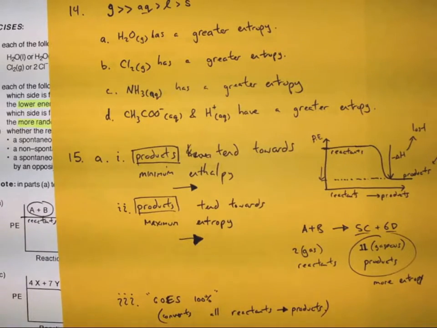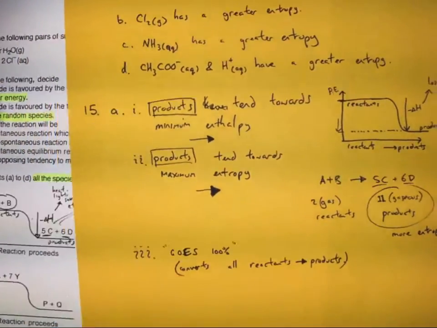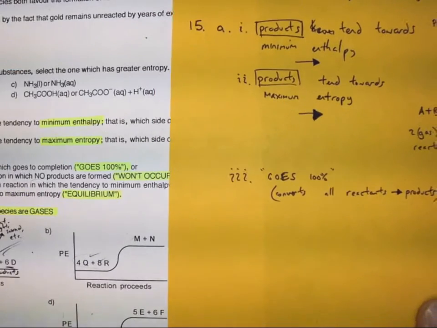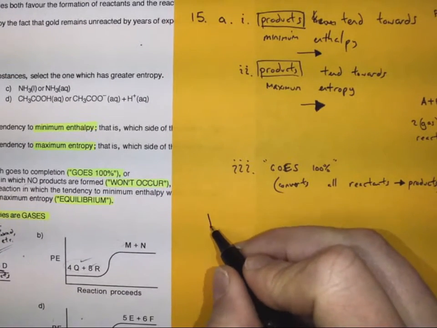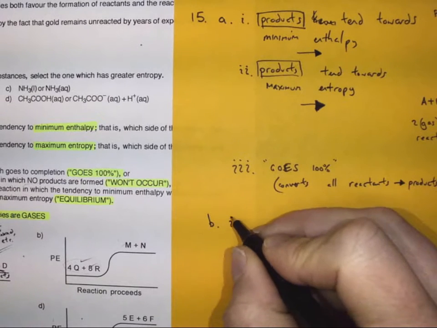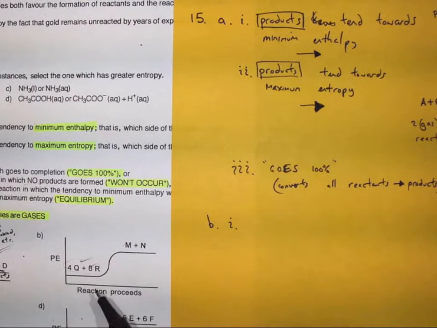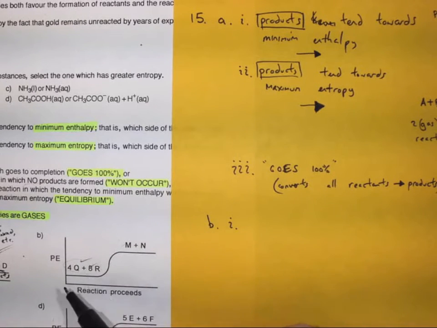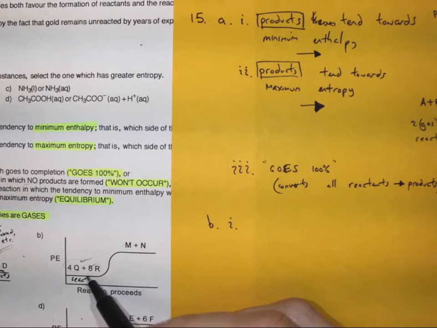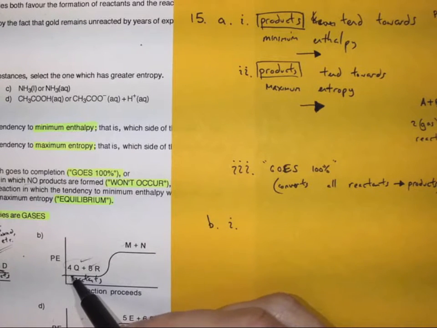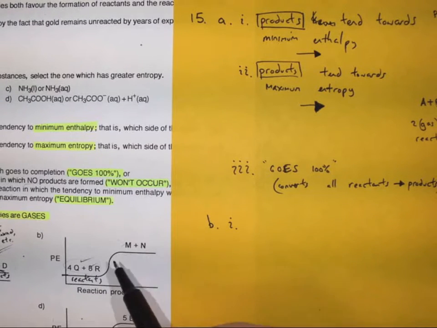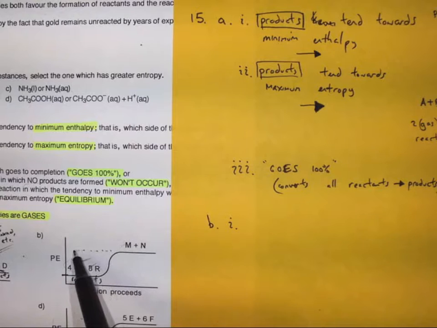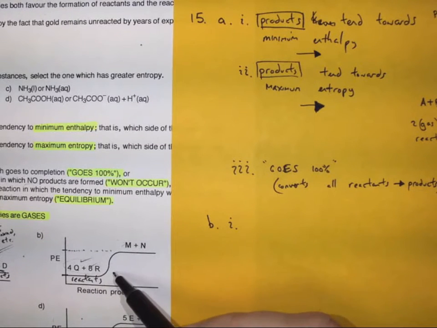Now, I hope that as we go through these, maybe we can pick up the pace a little bit. So we're going to talk about B here. And for the same questions, we're going to start with 1. Which one has a lower enthalpy? So the lower enthalpy we can see very clearly on this diagram is the reactants, because they lay down here on this value of the axis, lower enthalpy, whereas the products have a much higher amount of energy stored in their bonds, and that's gained from the system.